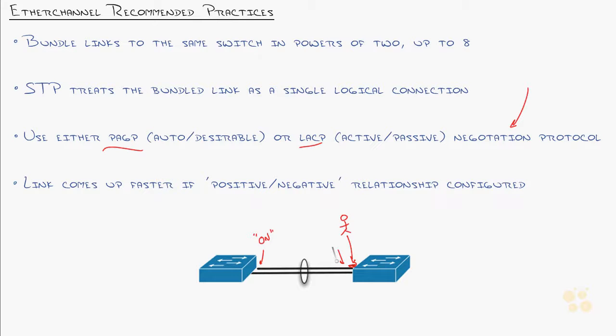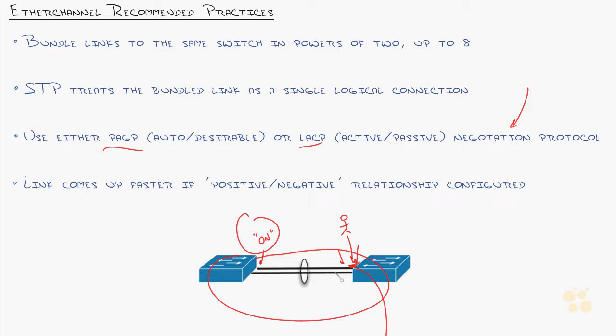As soon as you change one setting where it's no longer compatible with the bundle, it drops out. But this guy's like, no, you're on, which now you could end up with a loop scenario. Remember, Etherchannel's bundling multiple links that normally spanning tree would block, and now we've got links dropping out of the bundle without spanning tree there to recognize that there could be a loop.